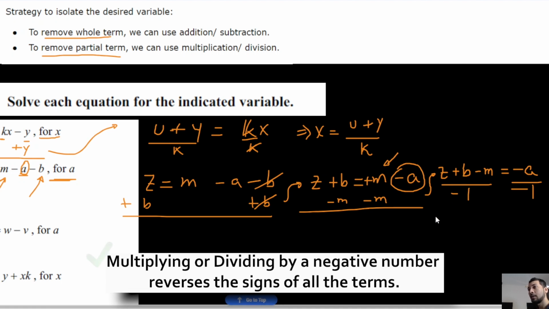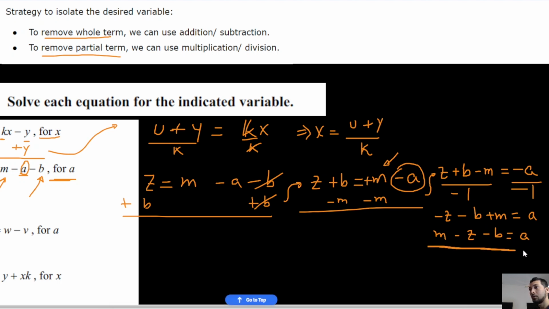So I have negative z minus b plus m equals a. We can rewrite this with having the positive term first. So you can write this as m minus z minus b equals a. That's how we isolate this variable a.